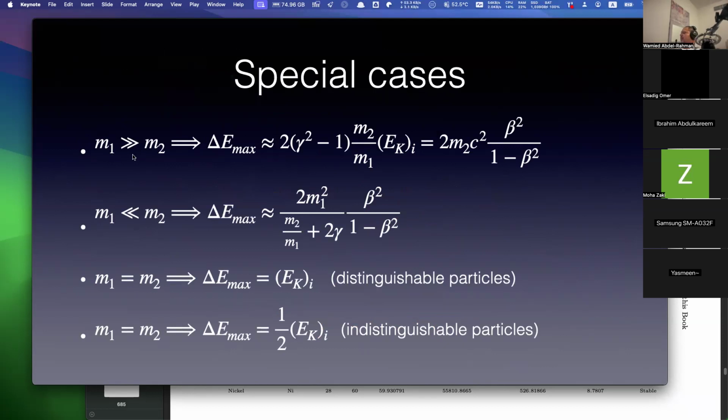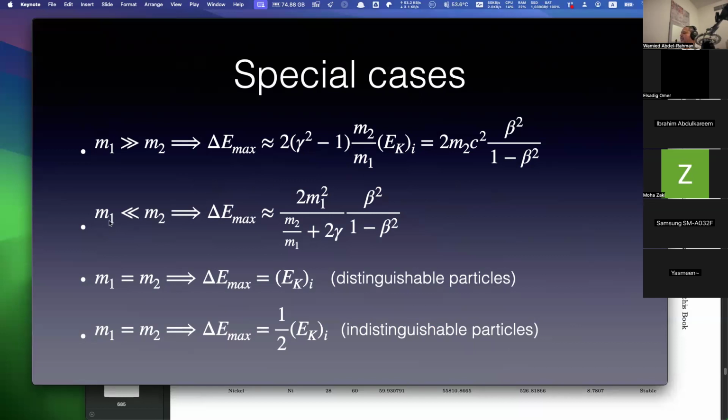When M1 is much greater than M2, this is the maximum energy transfer given by this formula here. And I expect that when we take the limit of these expressions to the classical case, when gamma is very close to 1, we're going to retrieve the classical relationships.